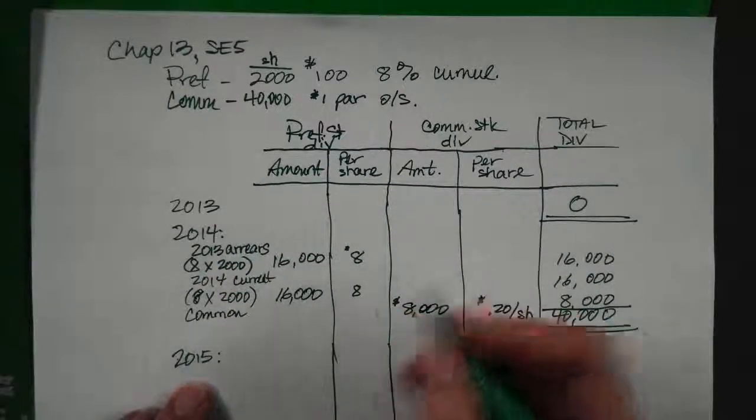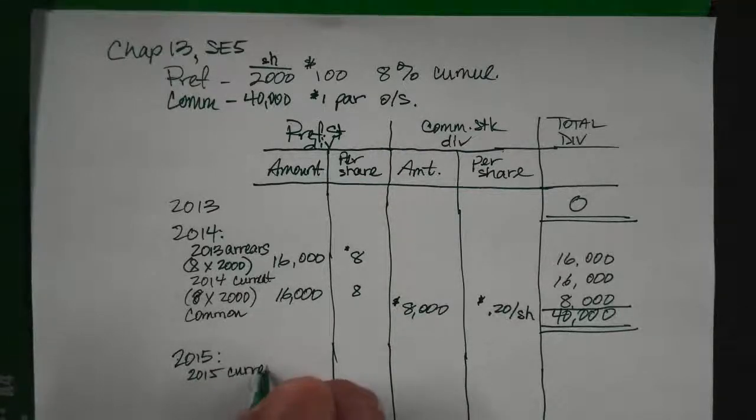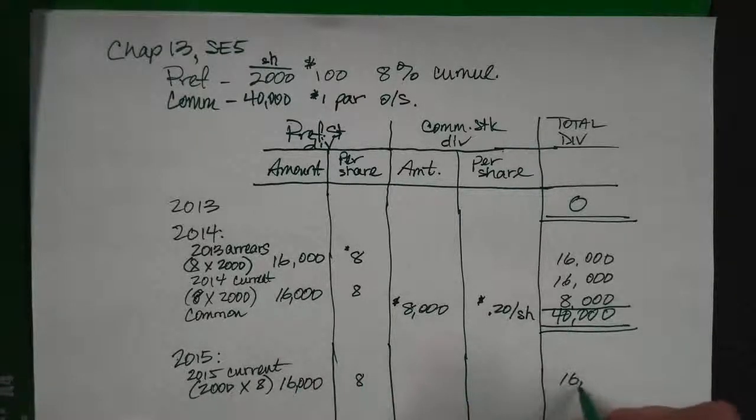We don't have any dividends in arrears on the preferred, so we're going to pay 2015 preferred, 2,000 shares at $8 a share, $16,000, $8 a share. Nothing changes. But guess what? We're going to pay out the total of $80,000 this year.